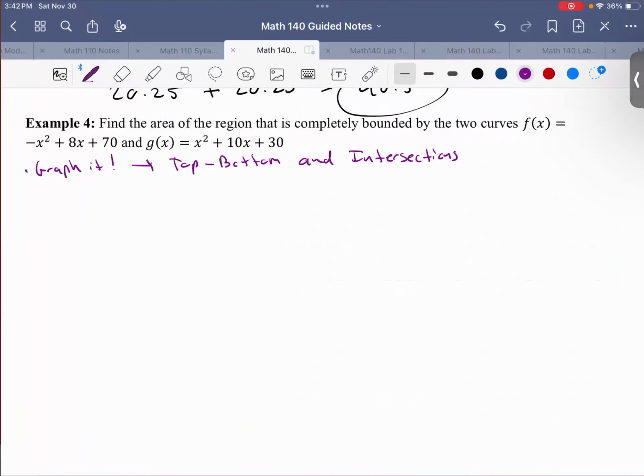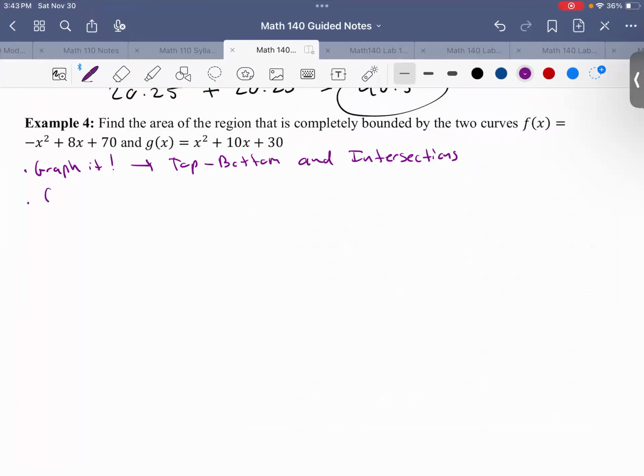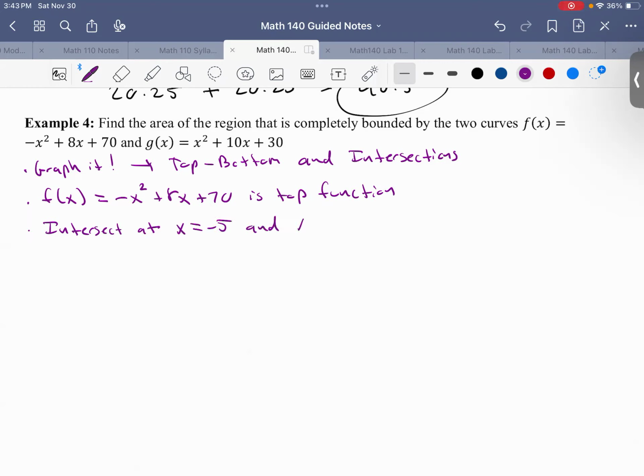Let's go back to the notes, and we'll say f of x equals -x squared plus 8x plus 70 is the top function, and we intersect at x equals -5 and x equals 4.